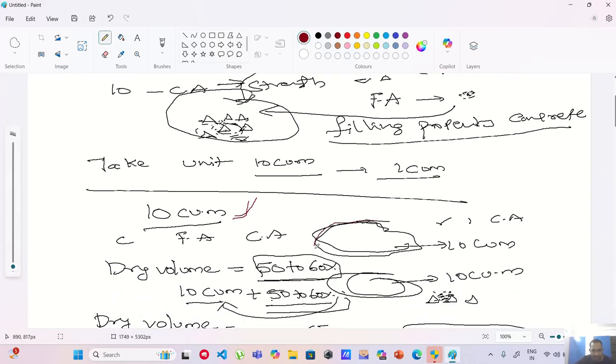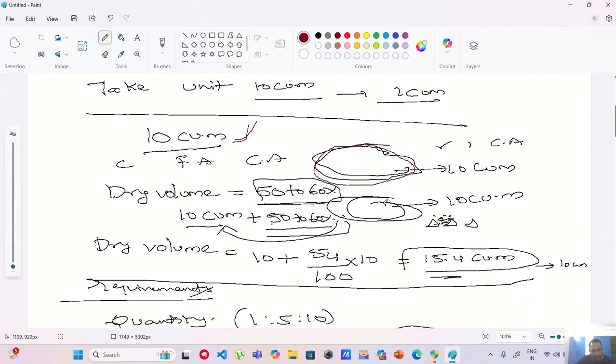So this is 10 cubic meter of work. But when it is mixed, the volume will reduce, so we have to take an extra 50 to 60% volume, because the volume is going to be reduced.